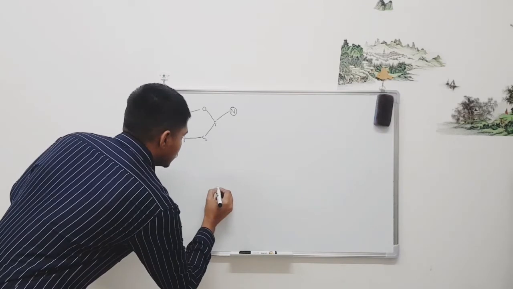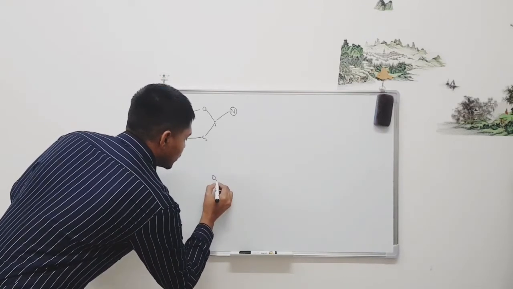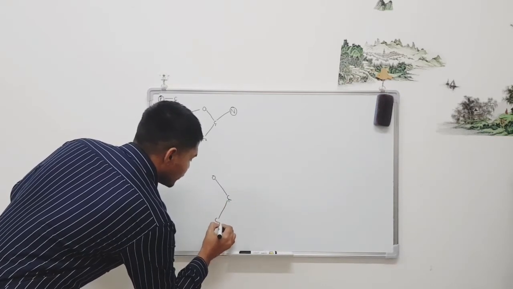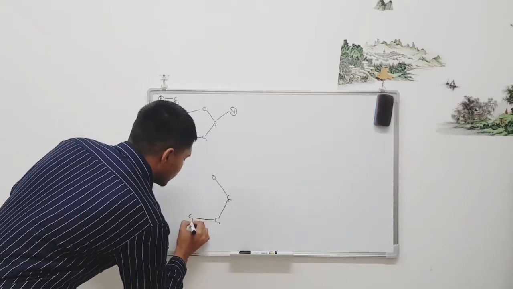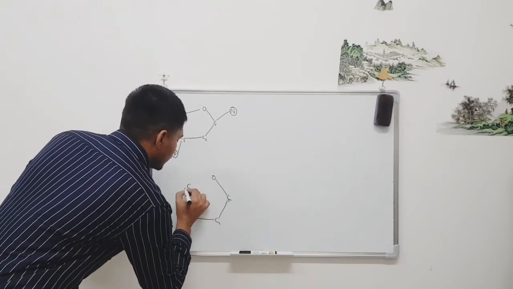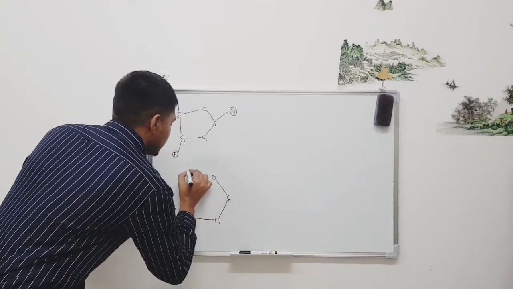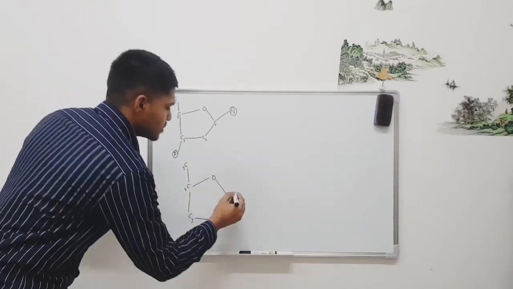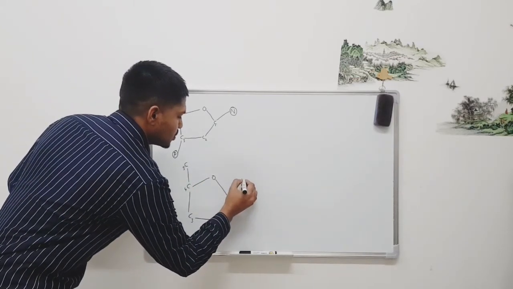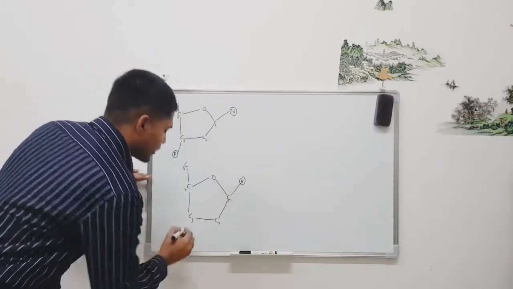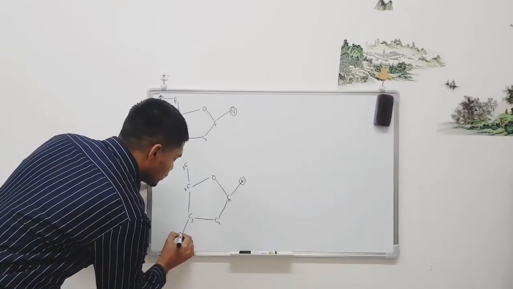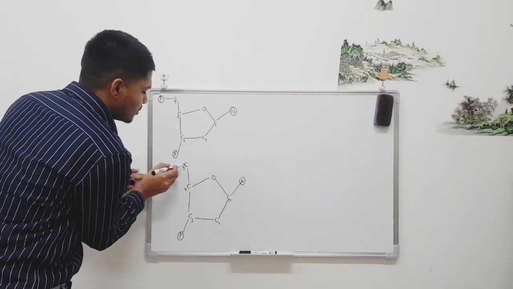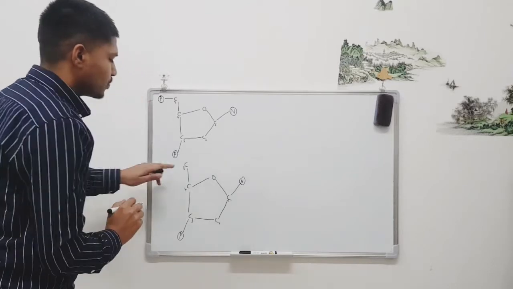If this is an oxygen molecule, here we go with carbon number 1, carbon number 2, carbon number 3, carbon number 4, and here we go with carbon number 5. Look at this, the nitrogenous base attaches on carbon number 1 and the phosphate molecule attaches on carbon number 3, or it can also attach on carbon number 5.